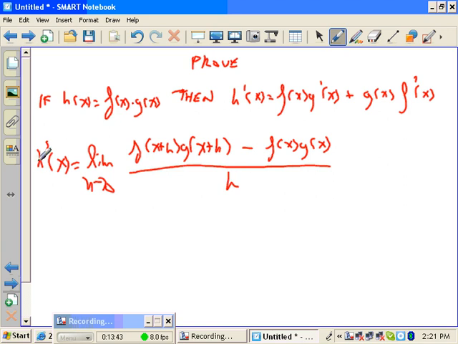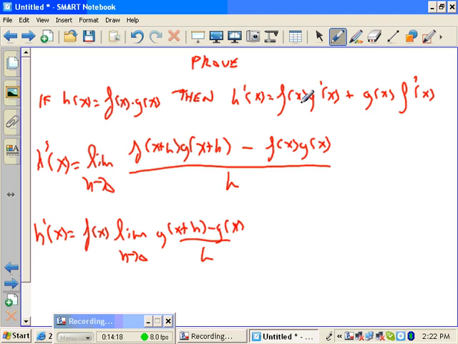Alright, so if it's not so obvious, you know what? Instead of going from h to h prime, what if we go to the end? Let's see what it's supposed to look like. Let's write this thing out and see if we can get from there to there. I'm going to write h prime using this. In other words, it's f of x times g prime, but g prime is the limit as h approaches 0 of g of x plus h minus g of x all over h.